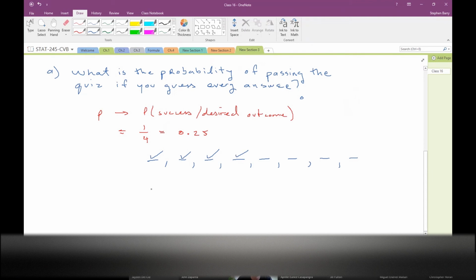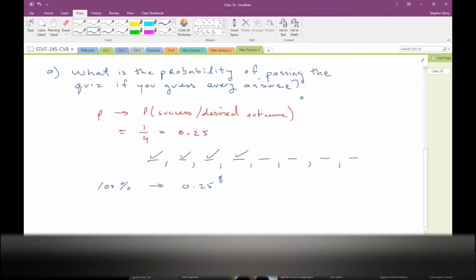The probability of getting 100% is 0.25 to the power of 8. You're going to need to guess 1 quarter, 1 quarter, 1 quarter, 1 quarter.